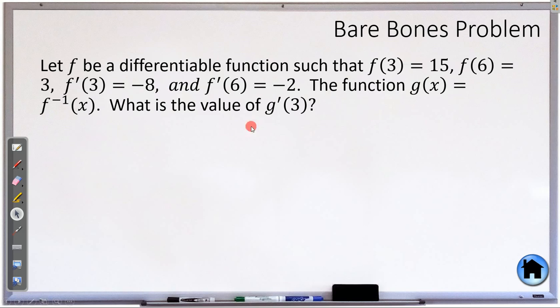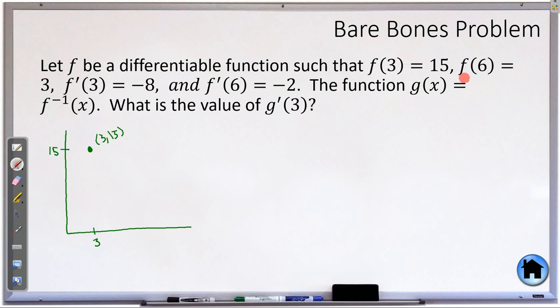So what is that? Let f be a differentiable function such that f at 3 is 15 and f at 6 is 3. So let's interpret what they just gave us. They just gave us 2 points. All right. So f at 3 is 15. Okay, so that's our first point, (3, 15), and that's our regular function, not our inverse.